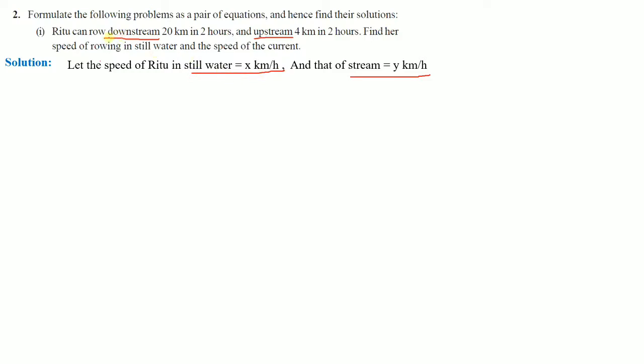So when she rows downstream, then the total velocity will be x plus y, and when she goes upstream, then the total velocity will be x minus y. So you need to take care of that. Speed of Ritu while rowing upstream, meaning opposite of the current, is x minus y kilometer per hour, and downstream x plus y kilometer per hour.